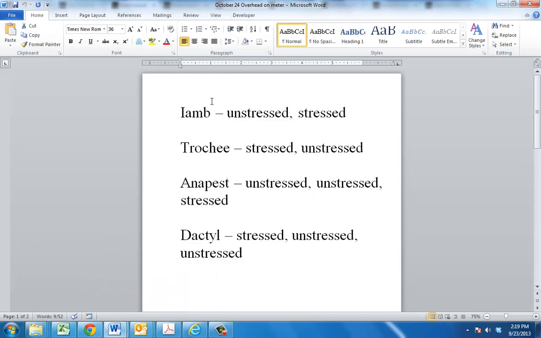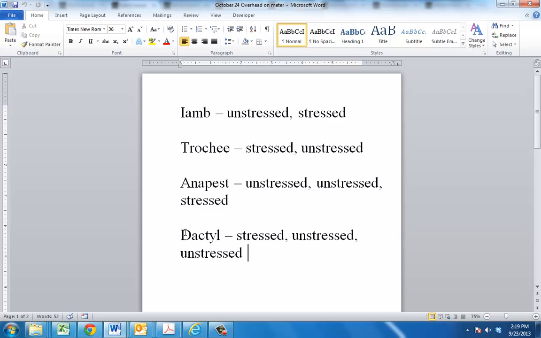So when you have an unstressed syllable followed by a stressed syllable, that is called an iamb. When you have a stressed syllable followed by an unstressed syllable, that's called a trochee. When you have an unstressed syllable followed by another unstressed syllable and then a stressed syllable, that is an anapest. And when you have a stressed syllable followed by two unstressed syllables, that's called a dactyl.